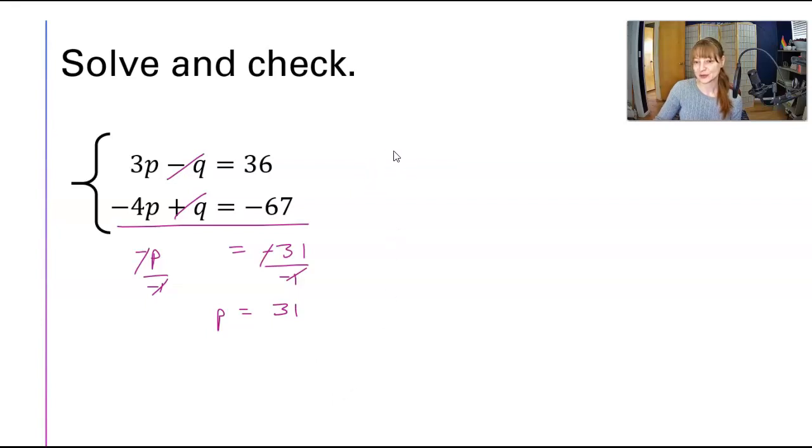Now I put this into one of the original equations. 3 times p minus q equals 36. I put my value in for p. 3 times 31 is 93. I'm going to subtract 93 from both sides.